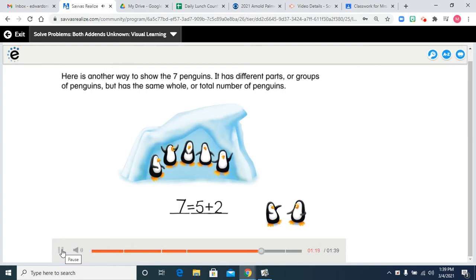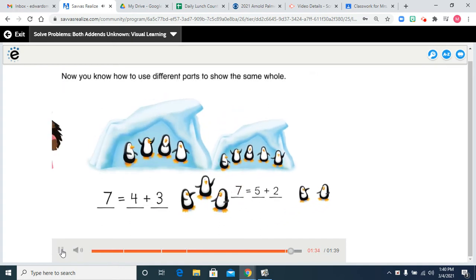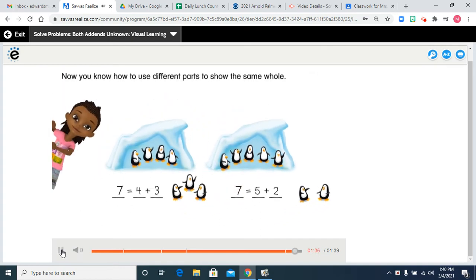Here is another way to show the 7 penguins. It has different parts, or groups of penguins, but has the same whole, or total number of penguins. Now you know how to use different parts to show the same whole.